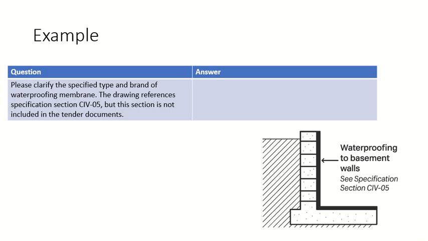Here is another example. We have a basement wall, and you can have water on this side, so some waterproofing is needed here to make sure the water does not enter the concrete or the blocks. This is mentioned in your drawing. Now waterproofing can be of different types. The type is not mentioned, but something else is mentioned, which is the section of the specification, right?